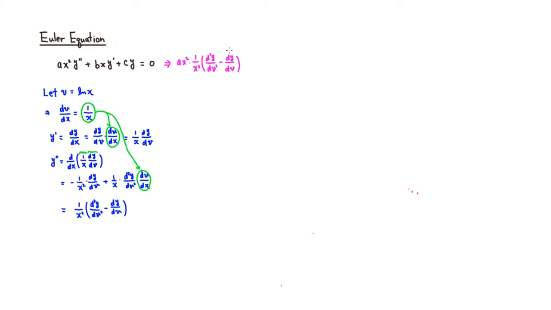Then plus bx, and y prime is 1 over x times dy over dv, and the rest is exactly the same, so you have cy is equal to 0.